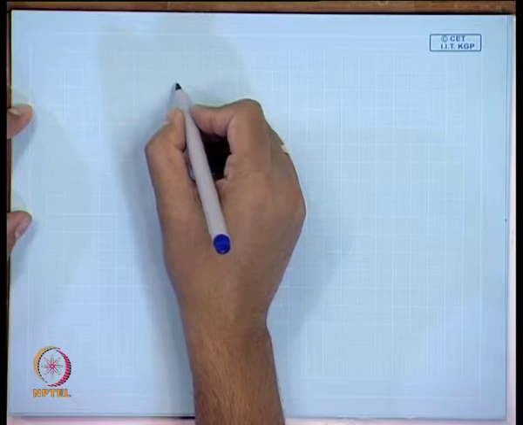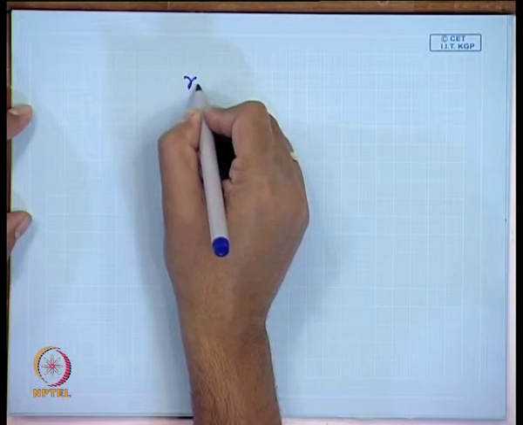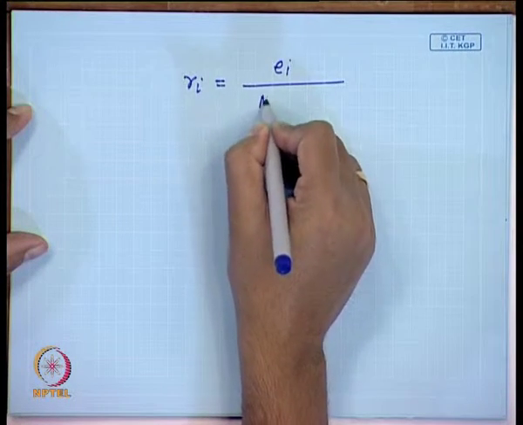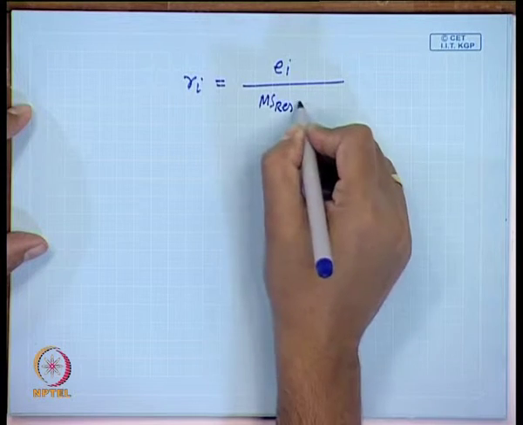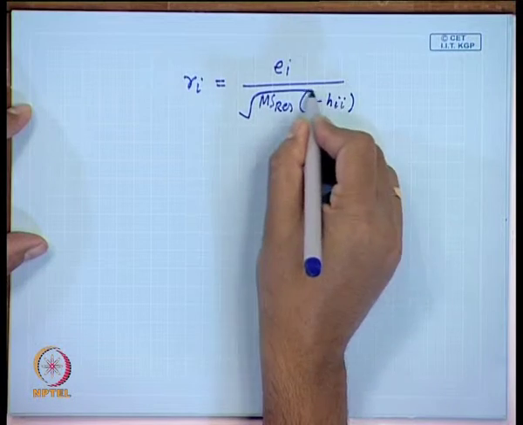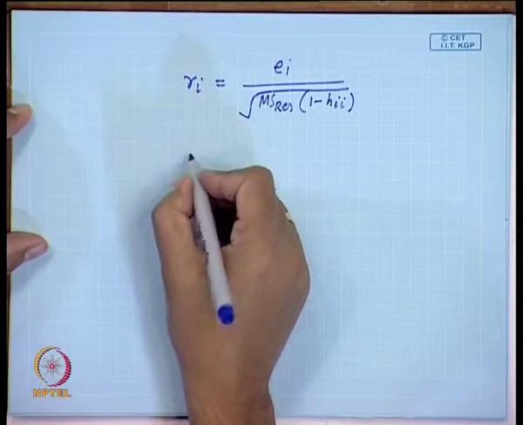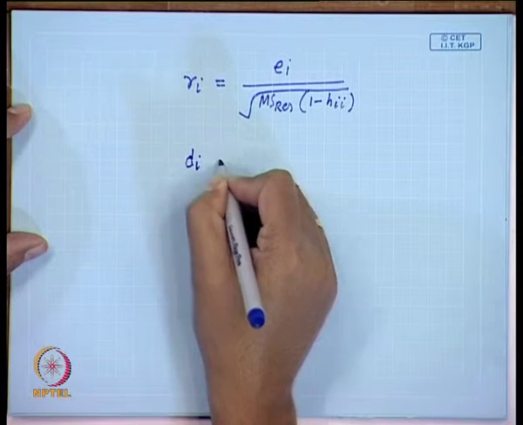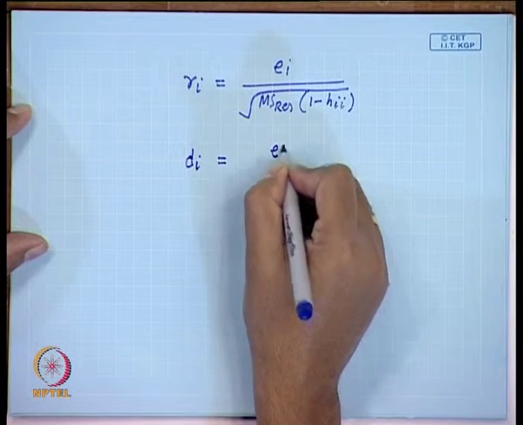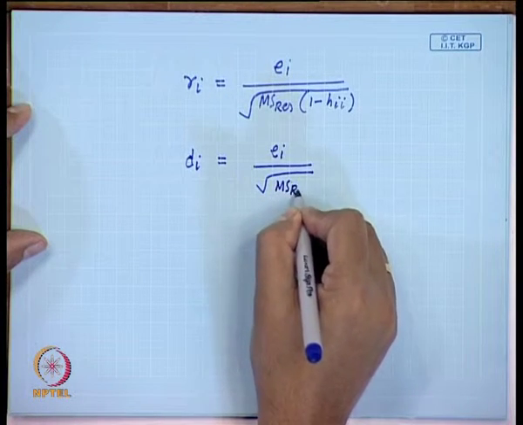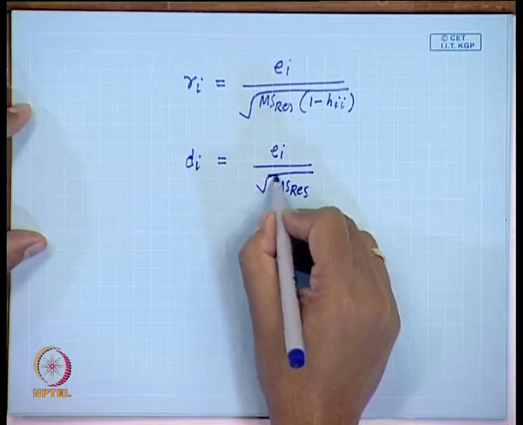Let me just recall what the studentized residual is. The studentized residual is r_i, which is equal to e_i by root of MS residual into 1 minus h_ii. And the standardized residual is d_i, equal to e_i by root of MS residual.